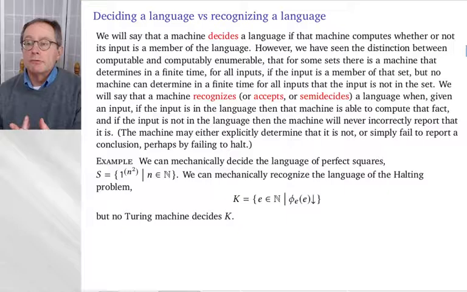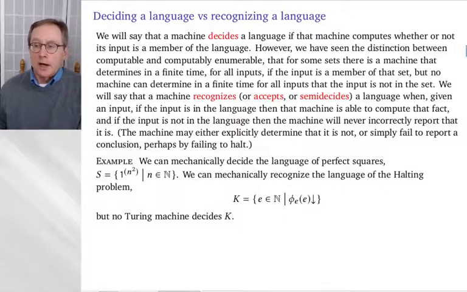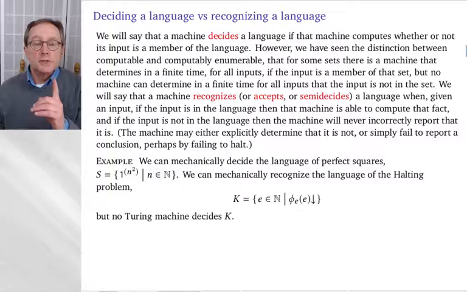We say that a machine recognizes or accepts or semi-decides. Accepts is a common word. A machine recognizes or accepts a language when, if it's given an input and the input is in the language, then the machine will compute that fact, maybe printing out the word yes. But if the input is not in the language, then the machine might be able to say no, this is not in the language, but it might not. However, the machine will never incorrectly say yes.